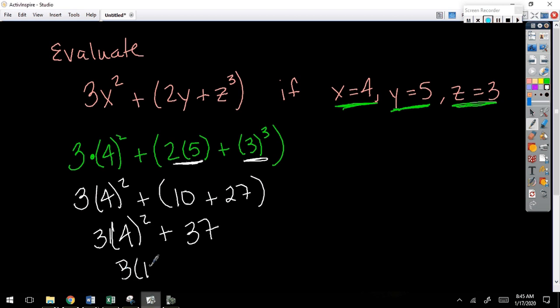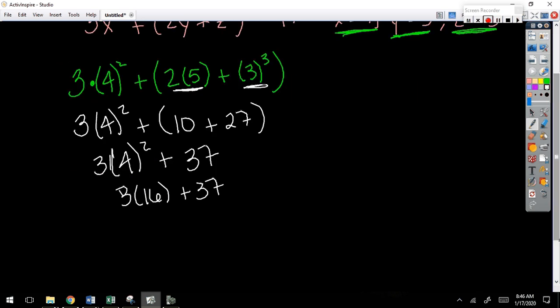So I got 3 times 16 plus 37. What now? Multiply before we add, that's right. 3 times 16 would be 48. And 48 plus 37 would be 85.